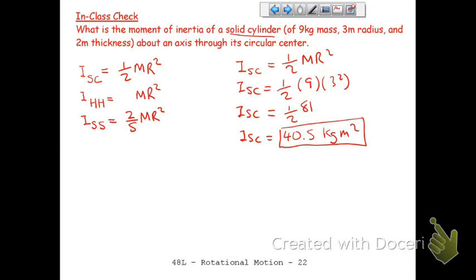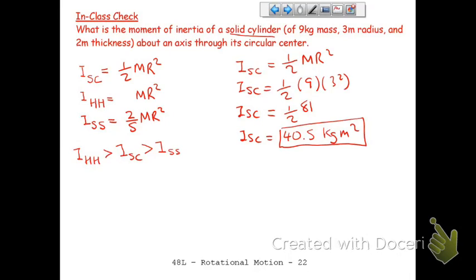So this is the biggest. So I hollow hoop is bigger than, which is the next one in line? It's going to be 2.5 over 5 versus 2 over 5. So it's going to be I solid cylinder, which is bigger than I solid sphere.